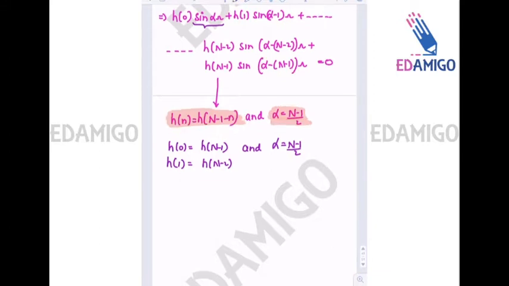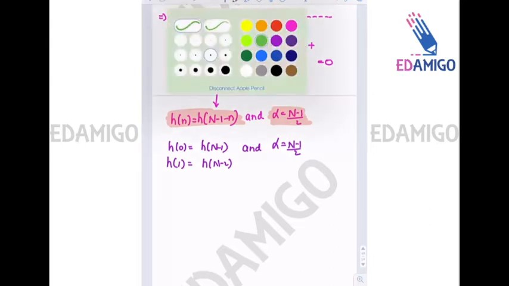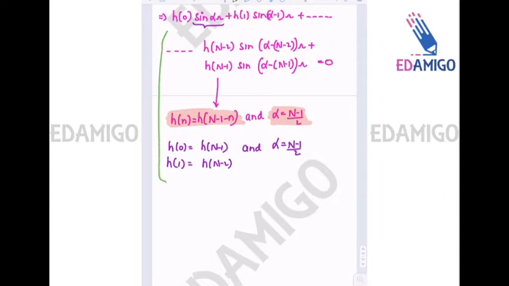So when we put alpha equal to capital N minus 1 divided by 2 and write the above equation, then we will get the first term as h0 sine of capital N minus 1 divided by 2 into sigma. The second term will be h1 sine of alpha minus 1, so n minus 1 divided by 2 minus 1 sigma, all the terms.